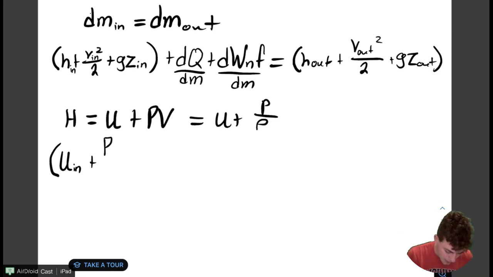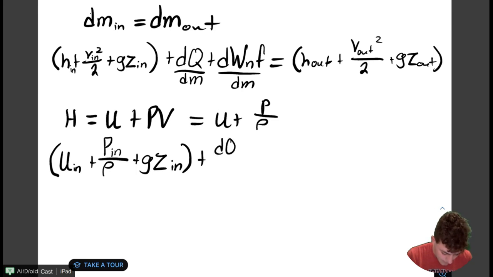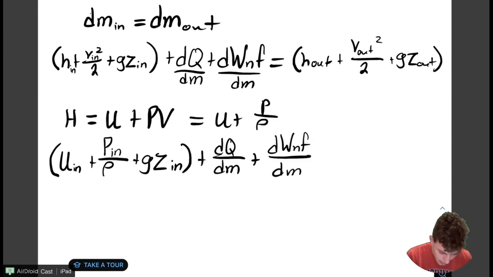Now, for an incompressible fluid, we will have rho being equal to one another. So we do not need to denote that in or out. And we come out with this equation here.